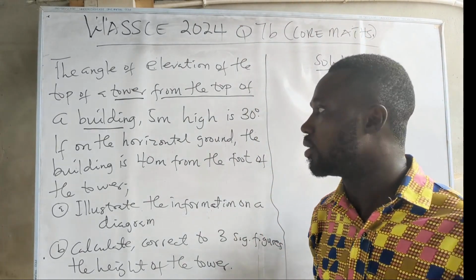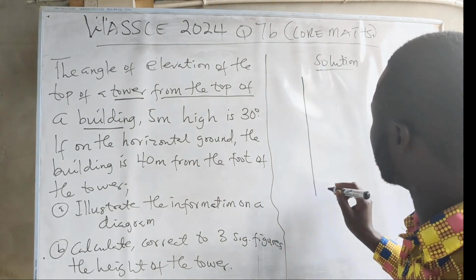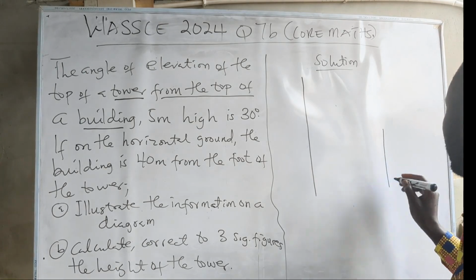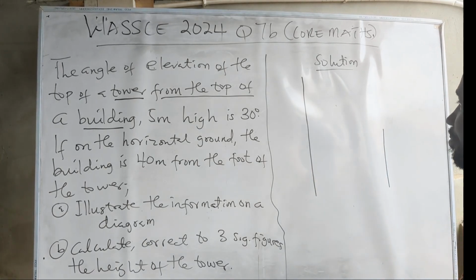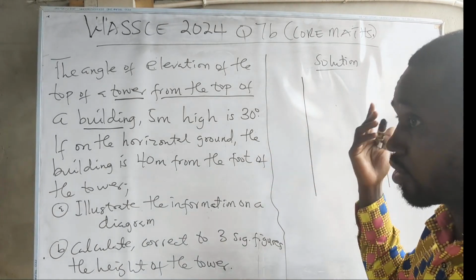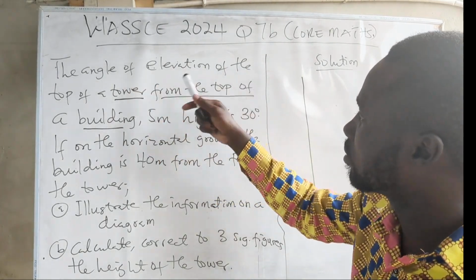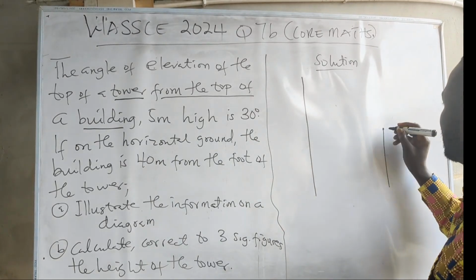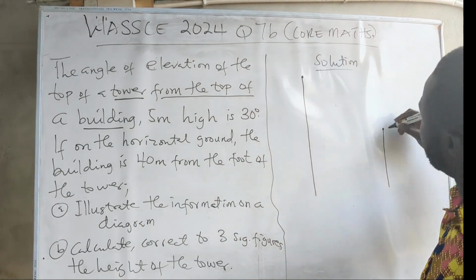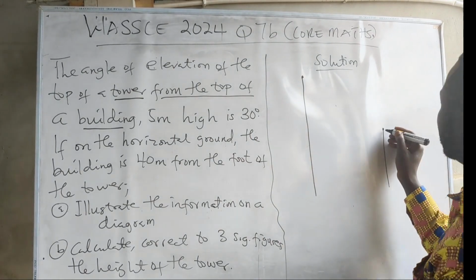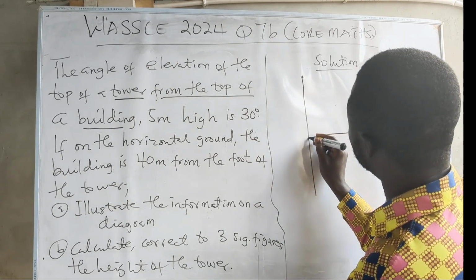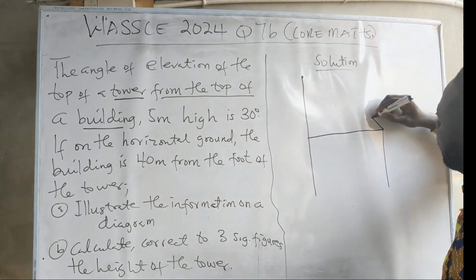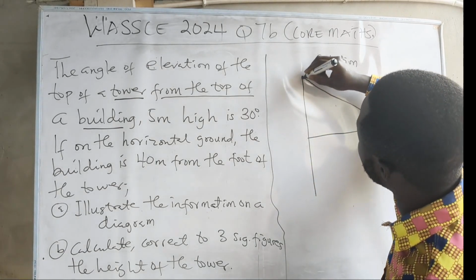All right. So let's say this is our tower and this is our building, and the tower is definitely taller than the building. The angle of elevation of the top of the tower from the top of the building: the top of the tower is here, and the top of the building is here. What is the angle of elevation? It is the angle between the horizontal and when you decide to look up.